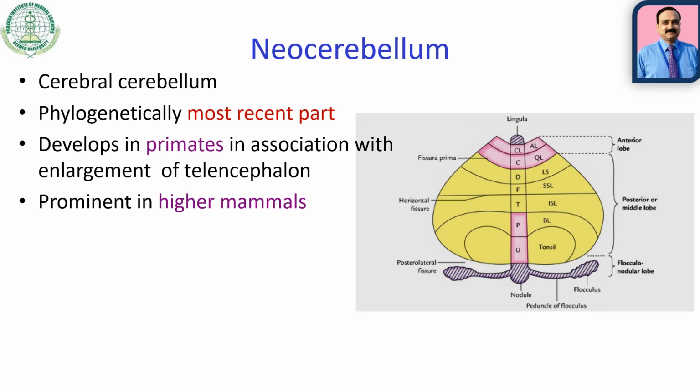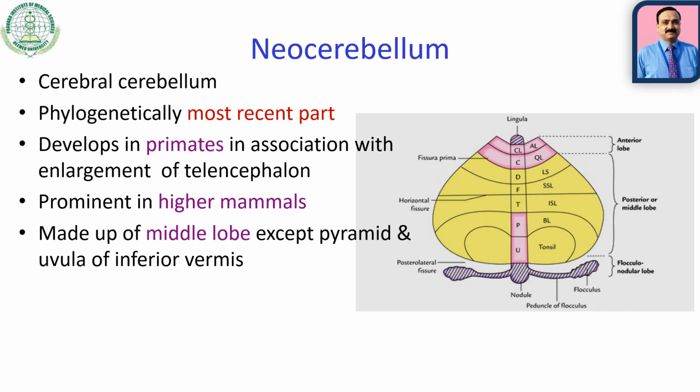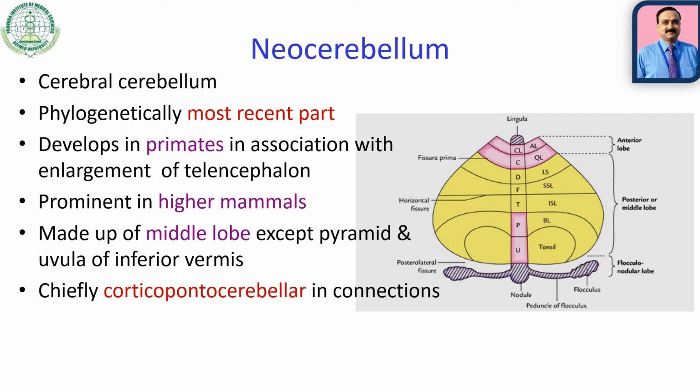It is prominent in higher mammals and made up of the middle lobe except pyramid and uvula. So in this diagram you can see this yellow colored portion is the neocerebellum. So except the pyramid and uvula of the middle lobe, the whole portion is neocerebellum.